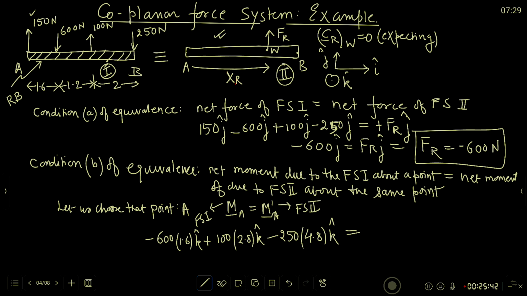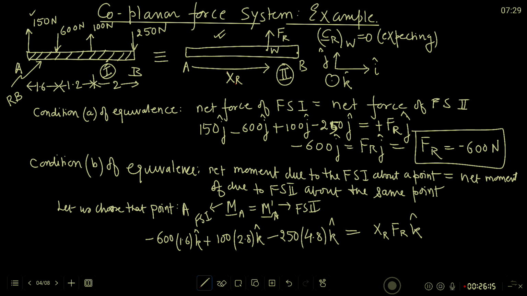But there is only one force in force system 2, and that force is Fr, and that we are putting at an unknown location xr. So the moment due to Fr will be, the way I have drawn Fr, Fr times xr along the plus k direction. Okay.